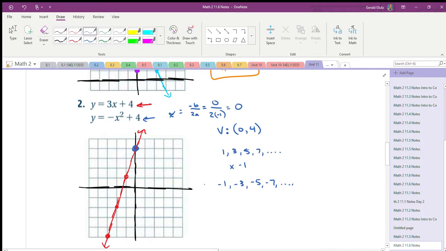So -1 means I go down 1, right 1, and then same to the left, down 1, left 1. Next is -3, so from the new point I go down 3, right 1. And then same on the left, down 3, left 1. And then 5, I go down 5, right 1, down 5, left 1. So here's our little U-shaped graph.